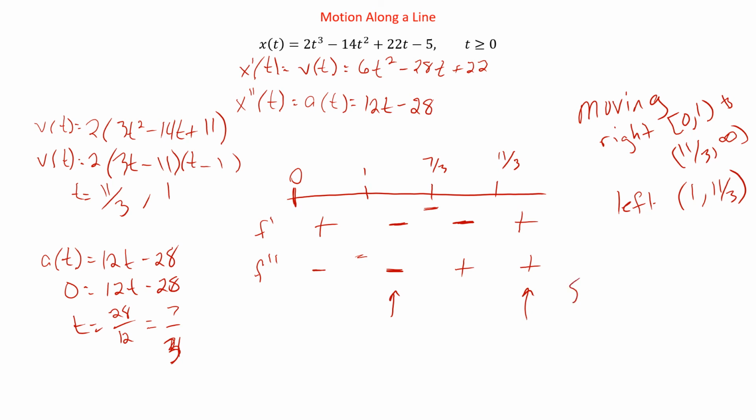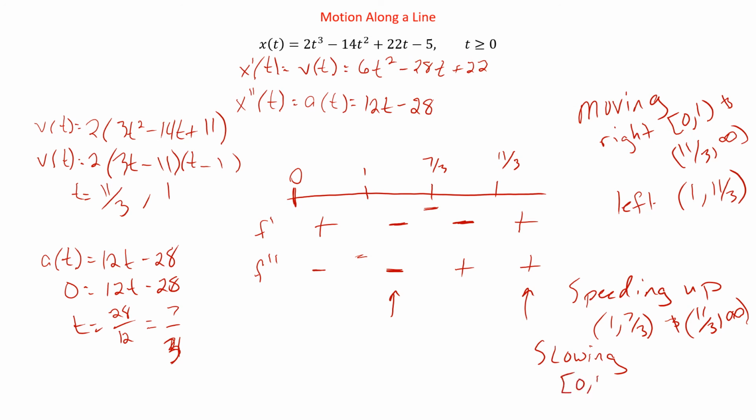So speeding up from 1 to 7/3 and 11/3 to infinity. And then it's slowing when they're different, so 0 to 1 and 7/3 to 11/3.